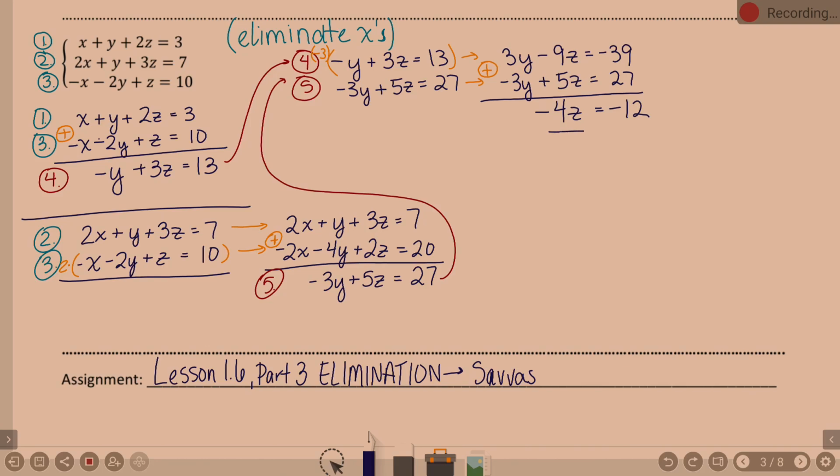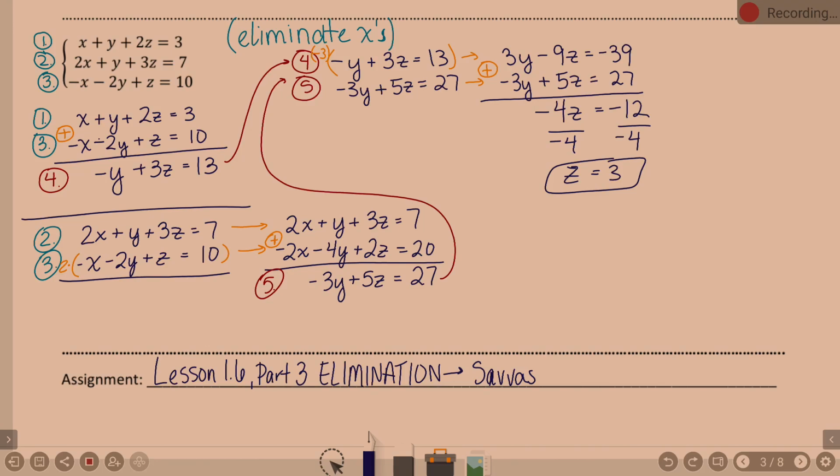Divide by negative 4, and z does indeed equal 3. Okay. 1/3 of the way there in answers. I feel like we're over 1/3 of the way there in terms of work, though.